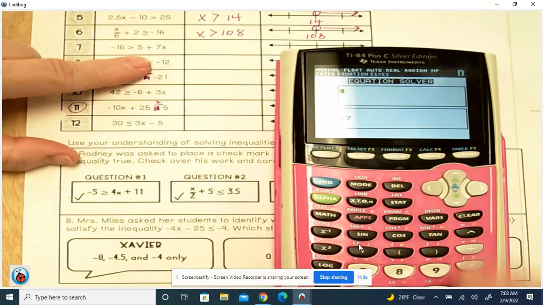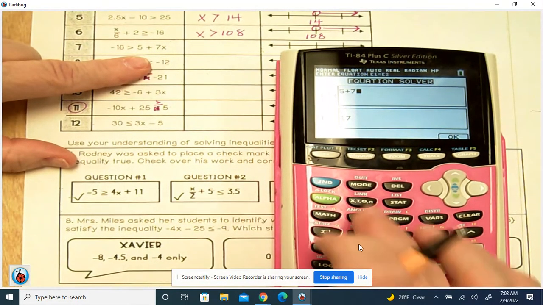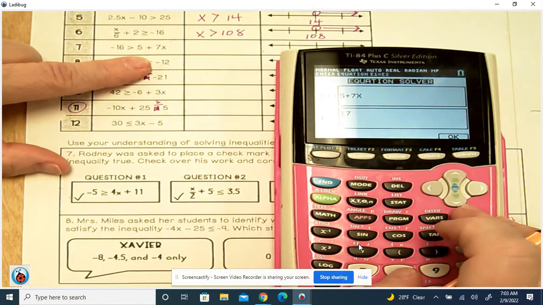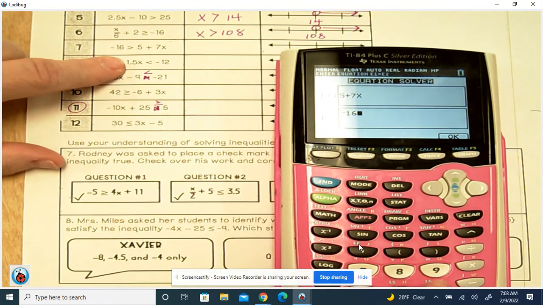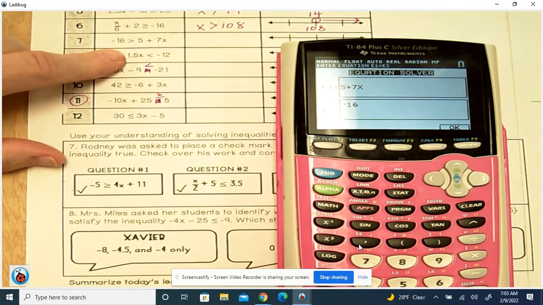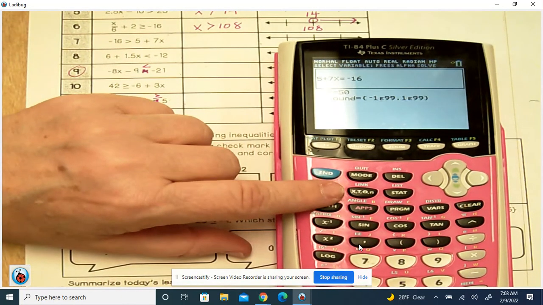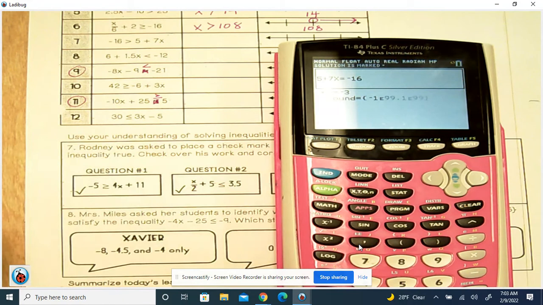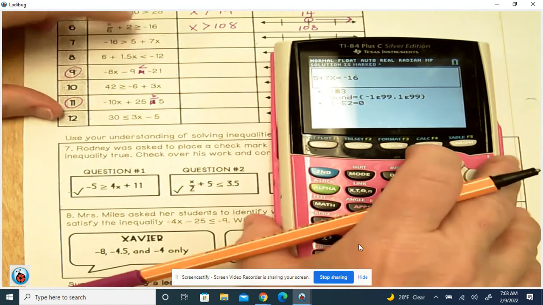So here I'm going to put 5 plus 7x. And then I'm going to come down here and I'm going to do negative 16. This is different than the calculator first block uses. And you get negative 3. Okay.